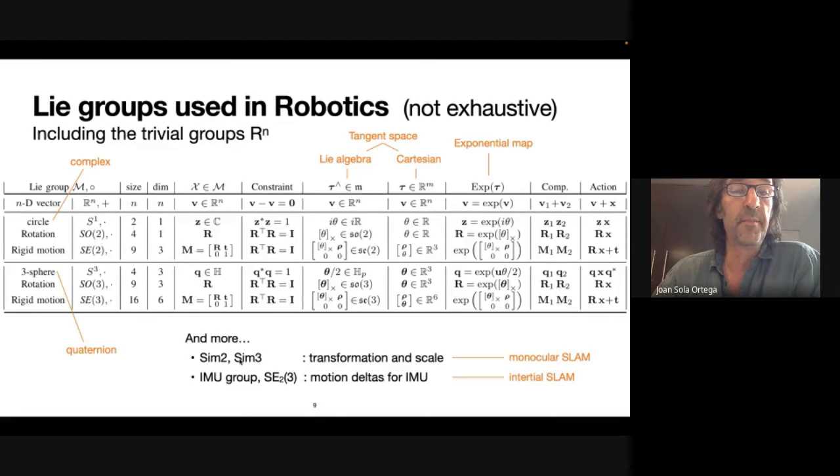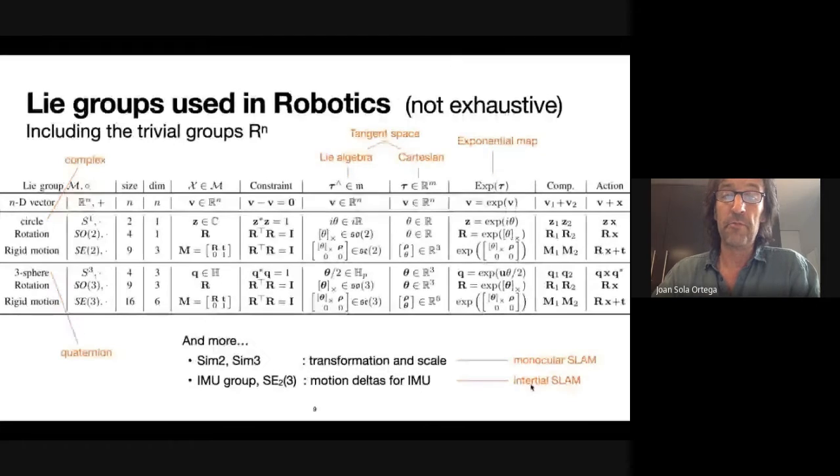For example, Sim2 and Sim3 are transformations in the style of a rigid transformation, but they allow for a scale change at the same time that you transform. This is very useful for doing monocular SLAM because the scale is not observed by the camera, so it can drift during the estimation. And maybe you want a group that allows this drift to be estimated later as one independent scalar. Why not?